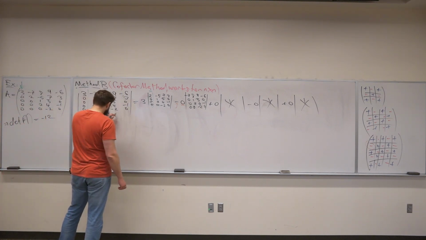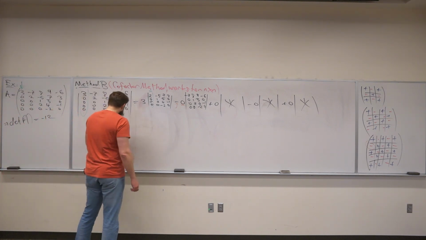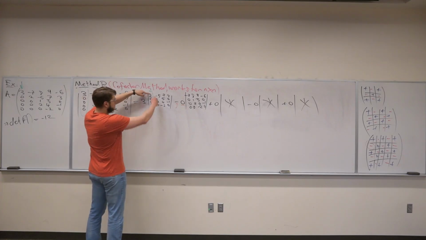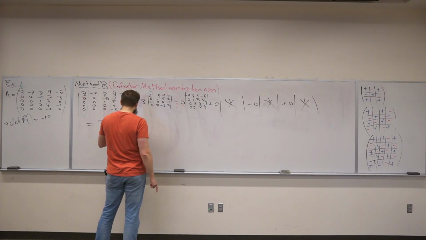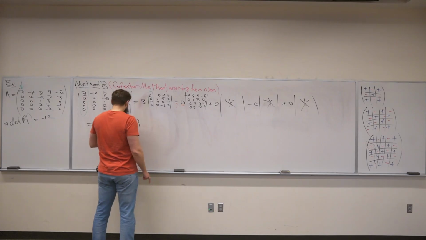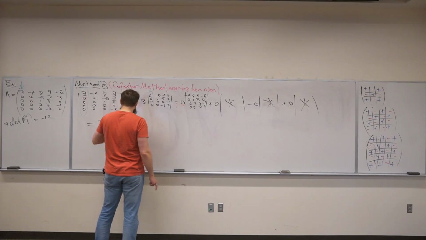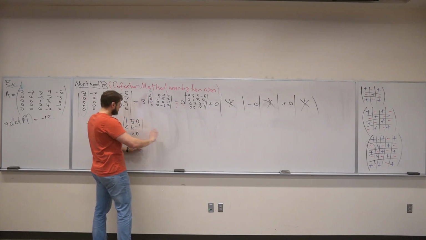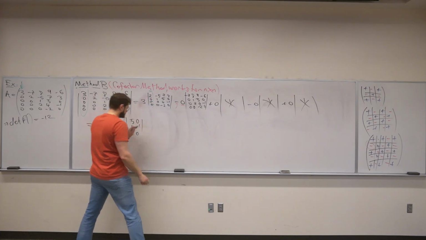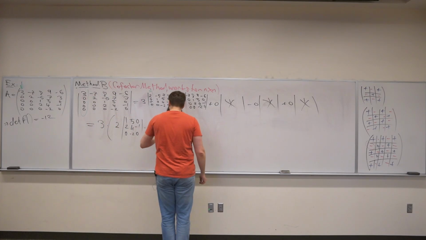Three, open paren, 2 times, okay, burn this. This is a 3 by 3. Okay, minus 0, plus 0, minus 0, nothing else. So I'll just write it like this.